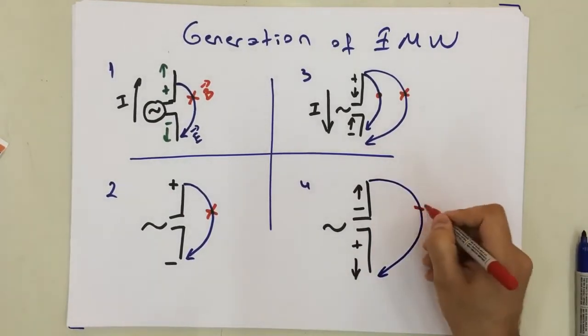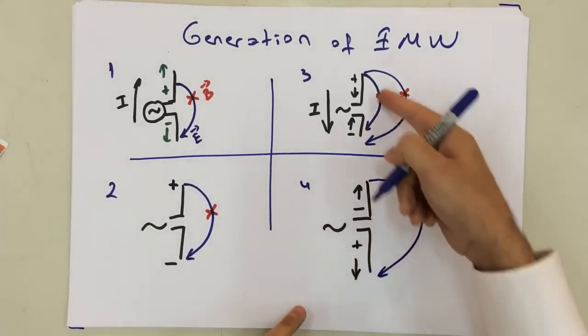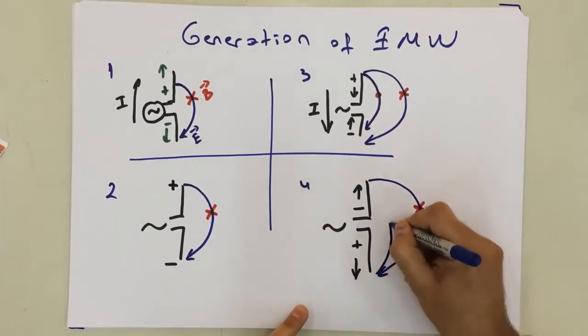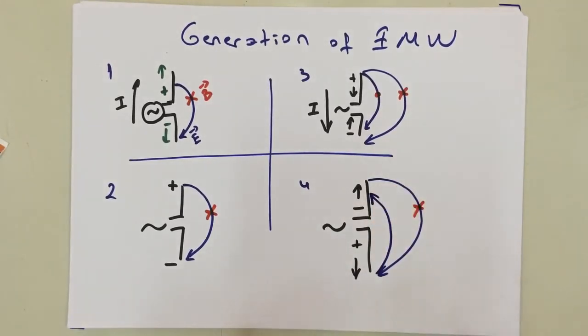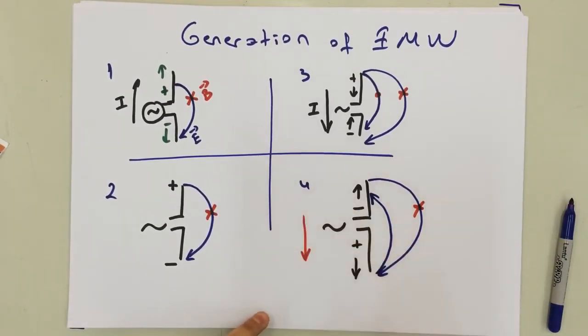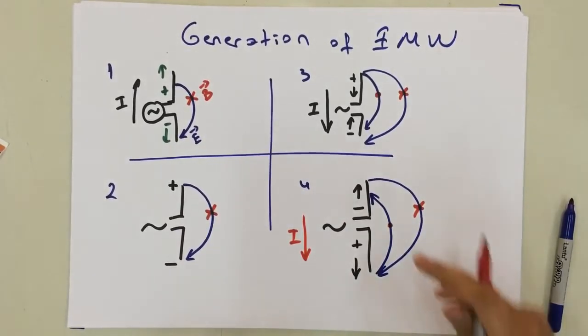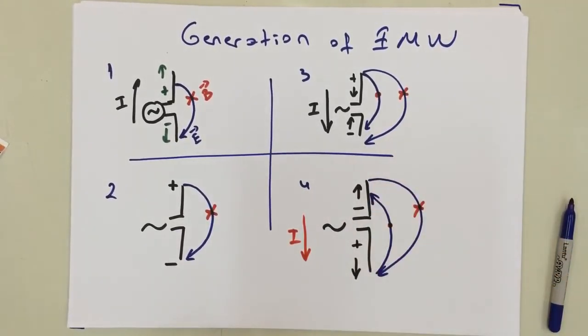This is the magnetic field, the initial one. Then the direction of the electric field reverses. It will be like that. Still, the direction of current is directed that way, and it is like that. Now a loop is completed.